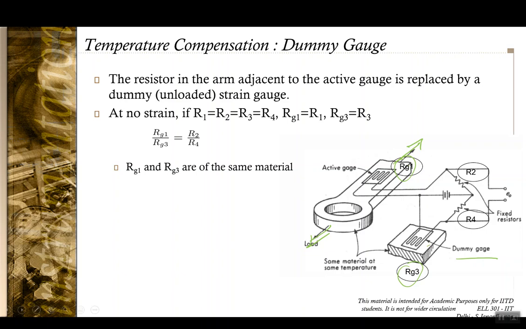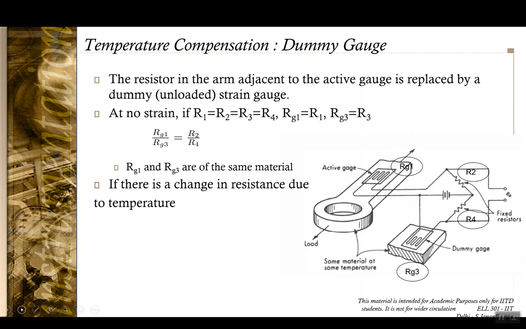Okay, so when there is no strain and the temperature is also at the expected nominal value, you have this relationship: Rg1 by Rg3 is R2 by R4. Now, when there is a change in temperature, there will be a change in resistance both in Rg1 and Rg3.